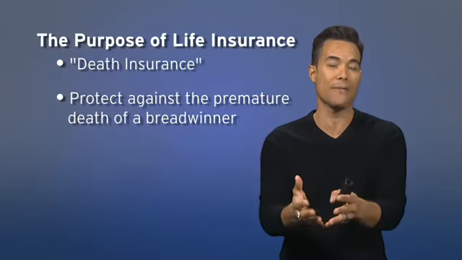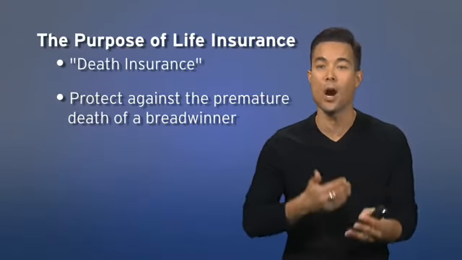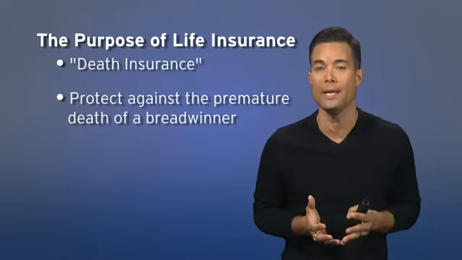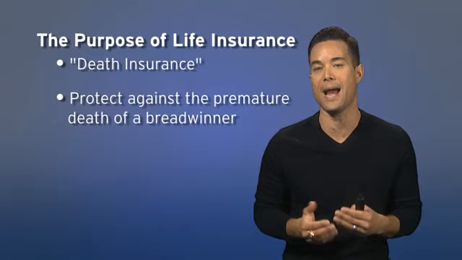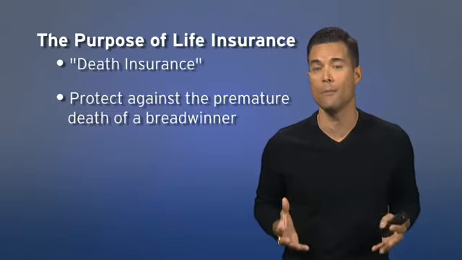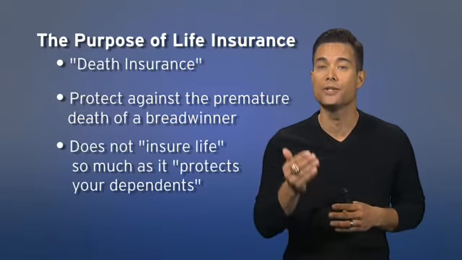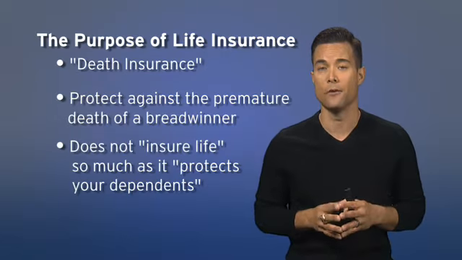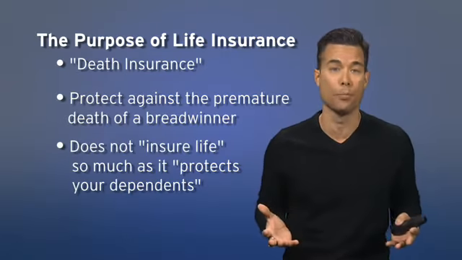You have to understand why we're doing what we're doing and how we impact somebody's life in such a dramatic way. Life insurance does not insure life so much as it protects your dependents from the loss of financial support.